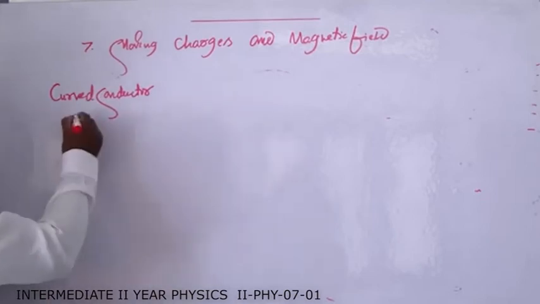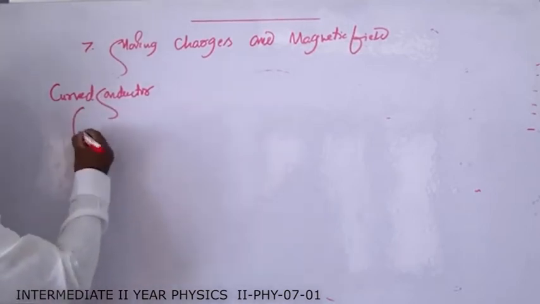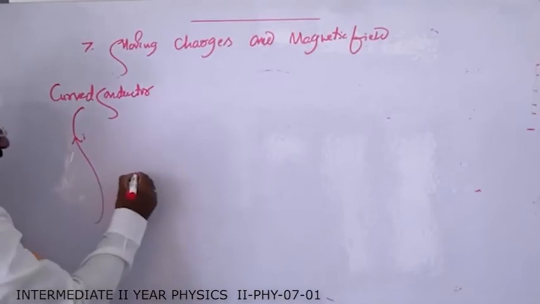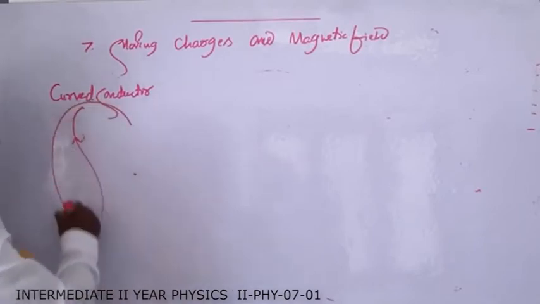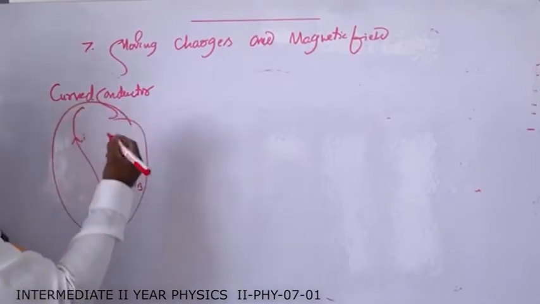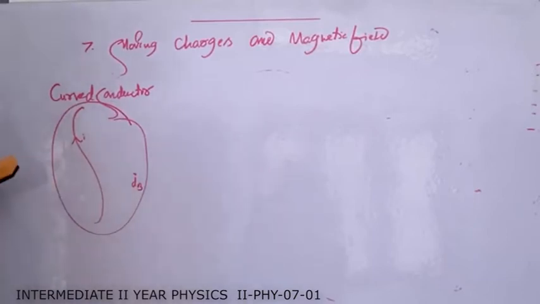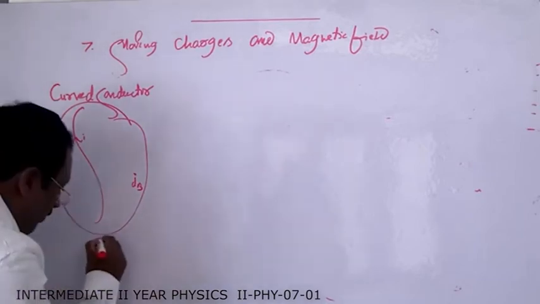When current is passing through the curved conductor like this, we are going to estimate the magnetic field in this region. Curved conductor means here the flow of current is asymmetric. So this is called the Biot-Savart law.